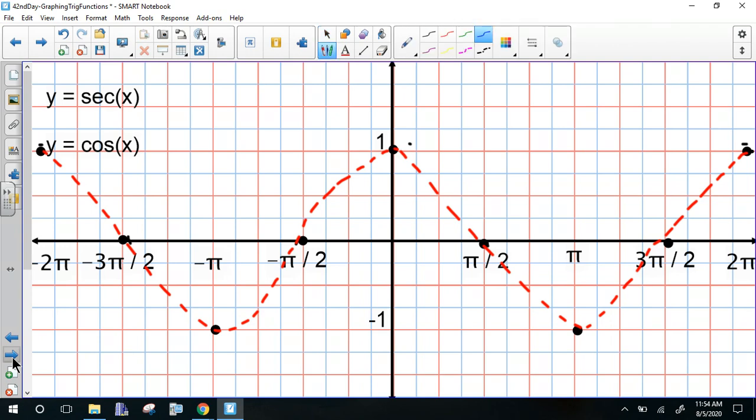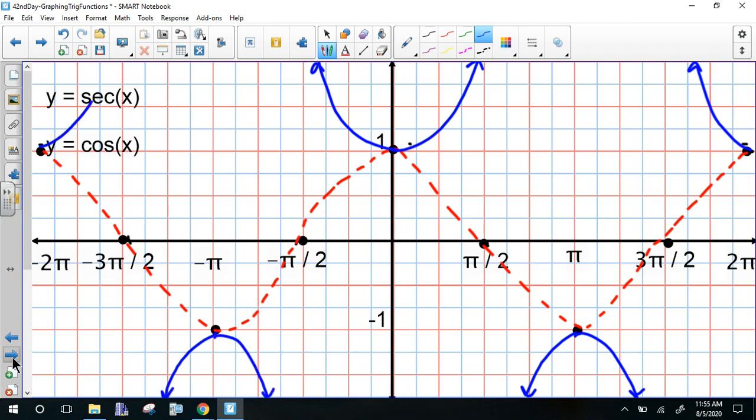If I want to graph y equals secant of x, at the top of the hill and the bottom of the valley, there is a parabola. So the blue lines are y equals secant of x, but we used y equals cosine, the reciprocal function, to find that.